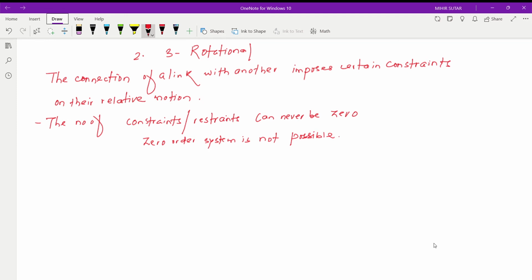Now the number of constraints can never be 6 also.